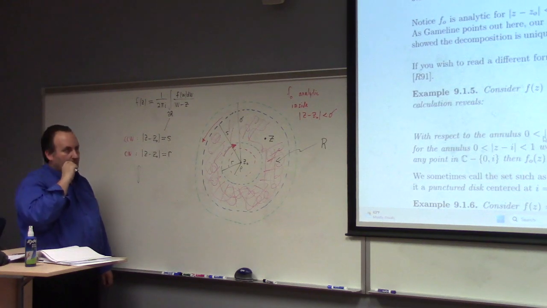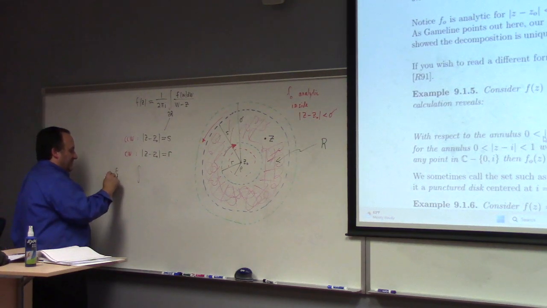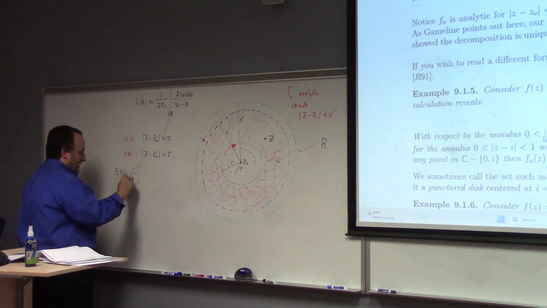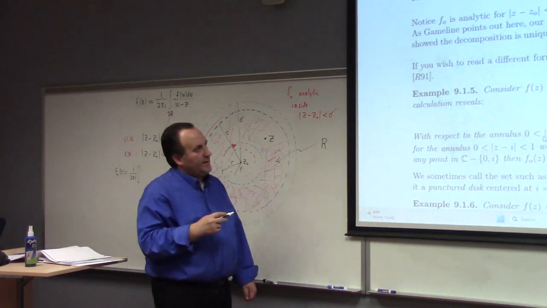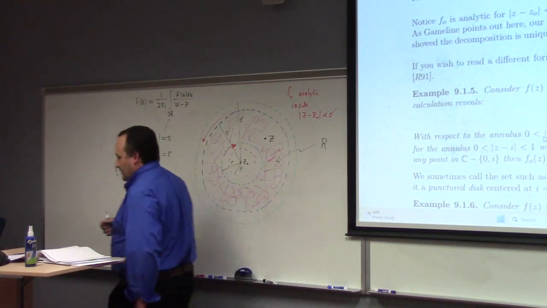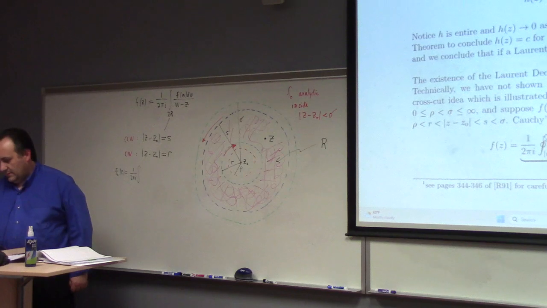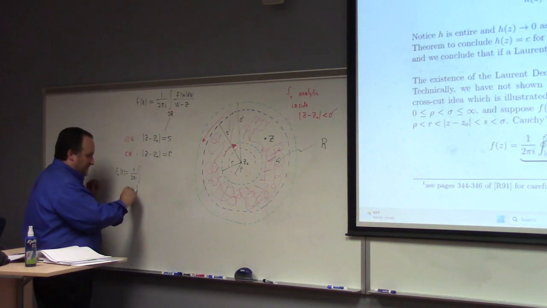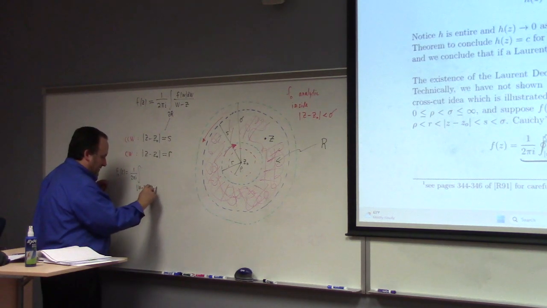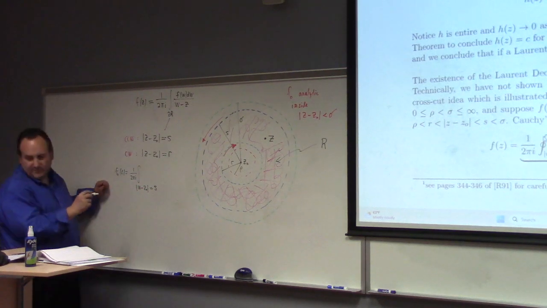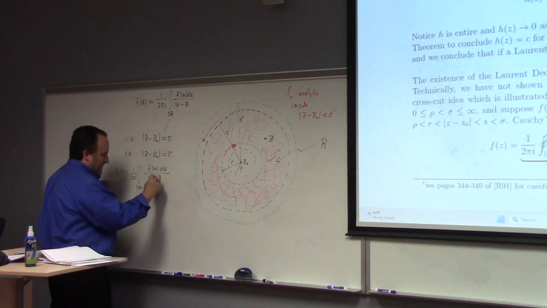What was F0 of z equal to? 1 over 2 pi i, the integral over modulus of w minus z naught equal to s of f of w dw over w minus z.